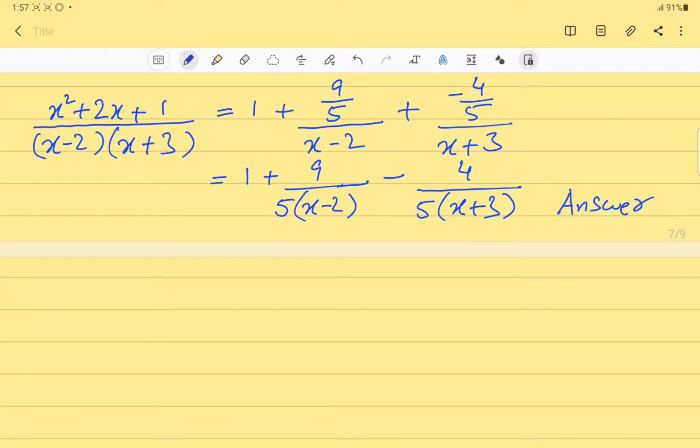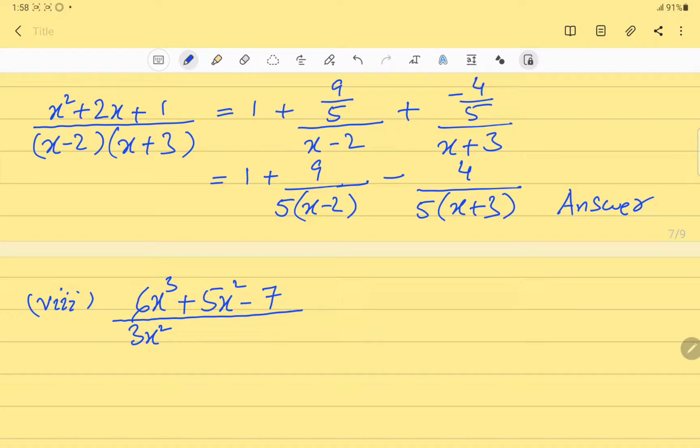Now our last question of this video. So our last question is 6x cube plus 5x squared minus 7 over 3x squared minus 2x minus 1.